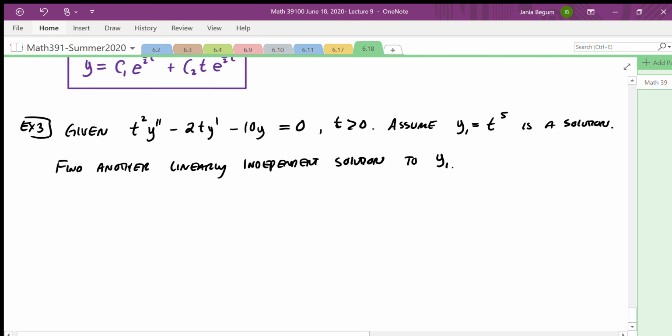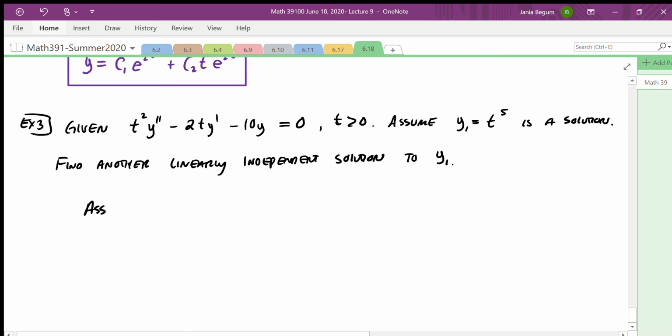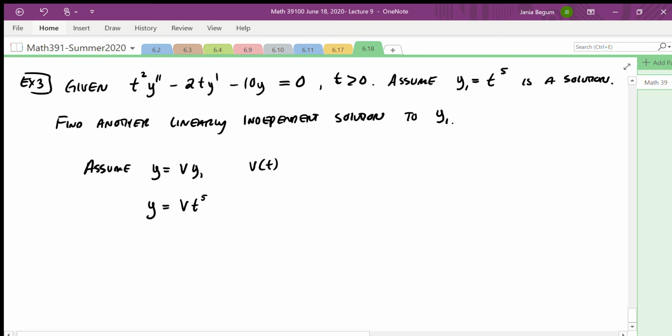Okay, so we're going to assume that our general solution is some function v times y1. So v is a function, right? v of t. And then plug in y1 because that's given to you. So y is equal to v times t to the 5th power, and then compute its first derivative and second derivative, and plug it in. So we have y prime, which is v prime t to the 5th plus 5 v t to the 4th.